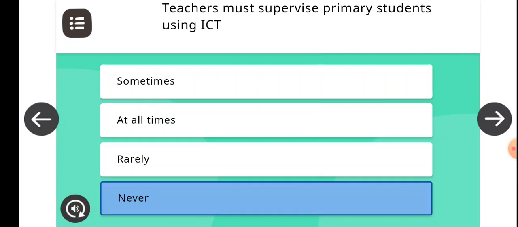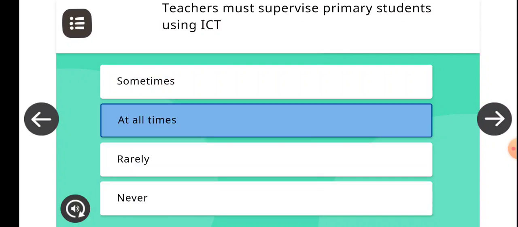We need to supervise at all times, otherwise, those are very expensive tools. ICT tools are very expensive, so while handling they may not get proper attention, they might fail sometimes, so it will cause us a bigger loss. So we need to supervise at all times. Option B is the right answer.